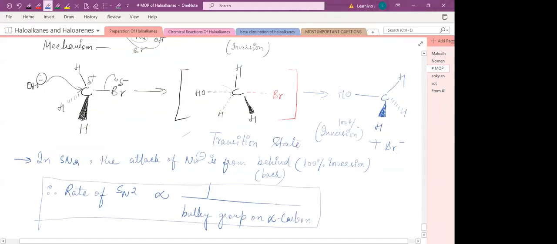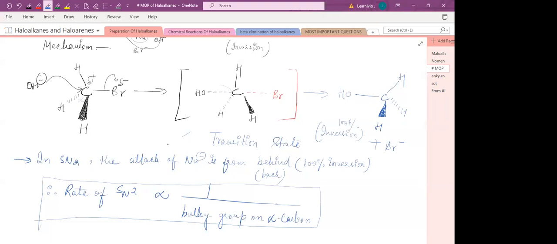The halogen group is attached to this carbon, so this is your alpha carbon. If there is a bulky substituent on the alpha carbon, then the more bulky the group, the less will be the rate of SN2 reaction.